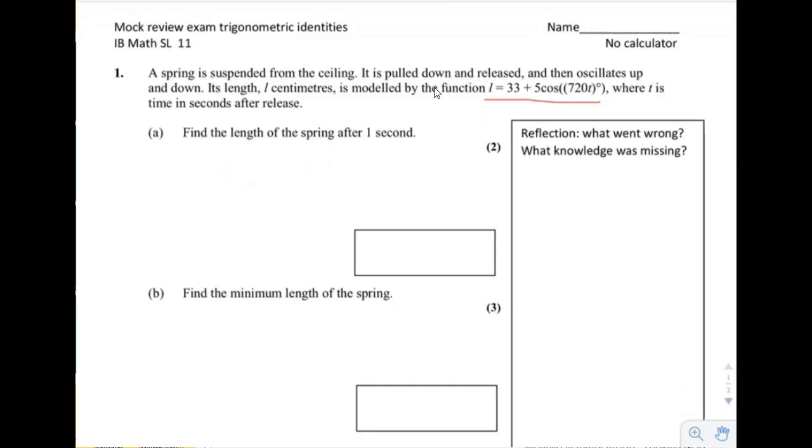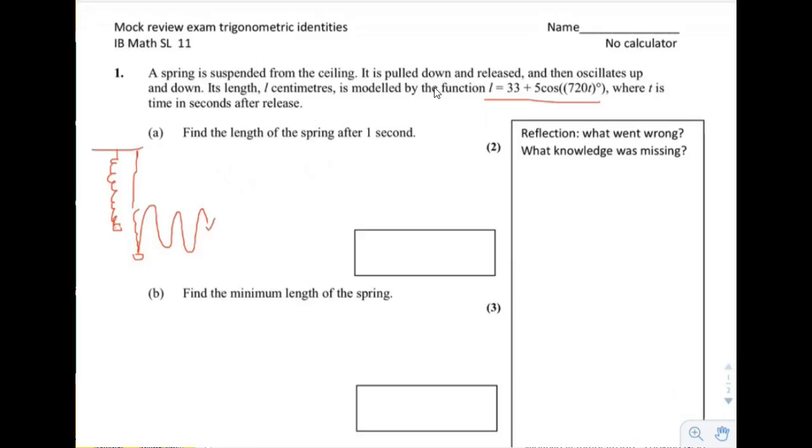Okay, basically what you have is a spring hanging down, and you don't need to draw this picture, but it kind of helps maybe to understand. When you pull it down, it stretches, and then when you release it, it's going to go up and down, up and down, okay?